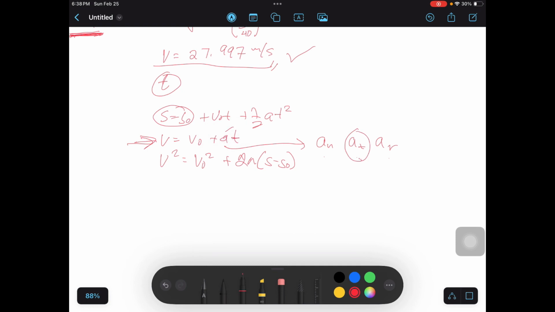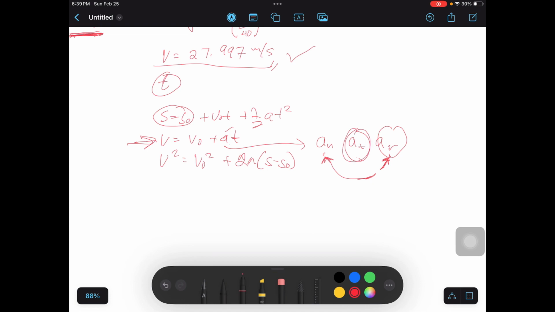Ito yung AN, it doesn't accelerate your particle. It is just an acceleration dahil curved yung path mo. And then, itong AR, hindi rin yan kasi this AR already involves yung normal acceleration mo. So, you just use AT dito.